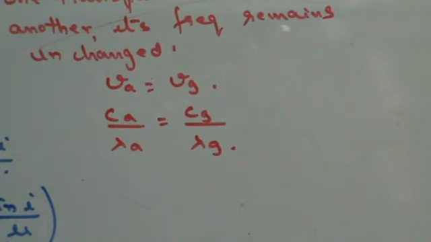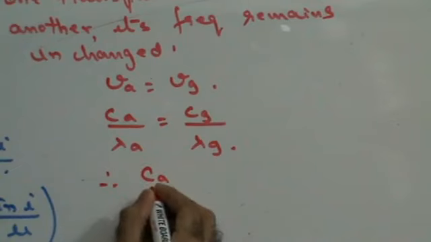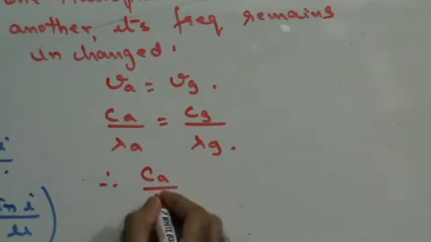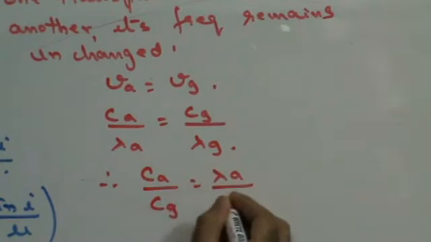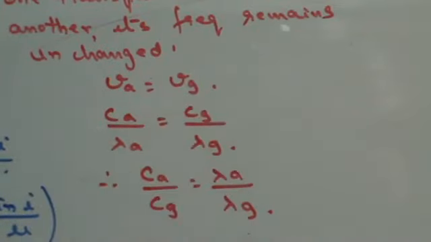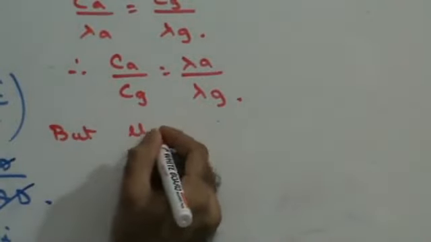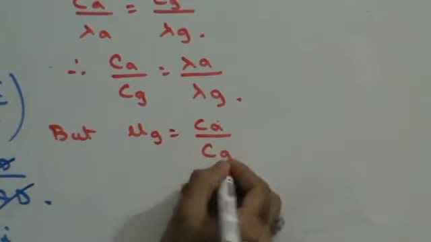But here I can say therefore that if I cross multiply, velocity in air upon velocity in glass is wavelength in air upon wavelength in glass. If I take the wavelength on that side and bring velocity here, we know that the refractive index of glass is nothing but velocity in air upon velocity in glass.